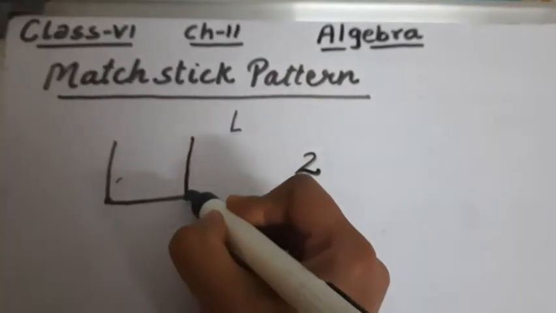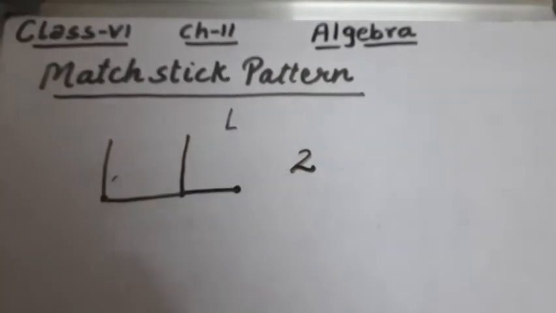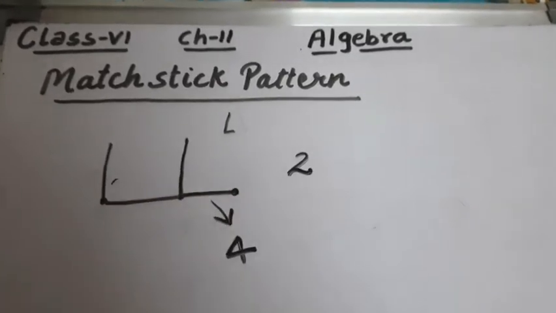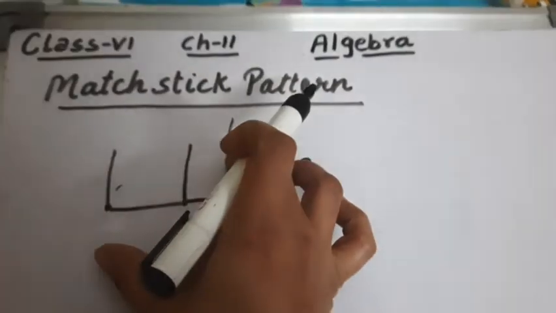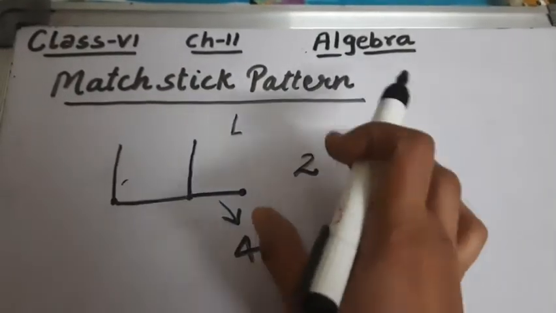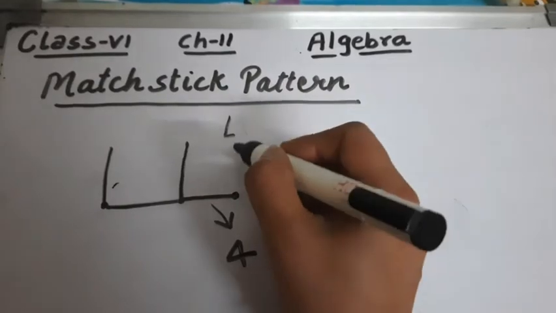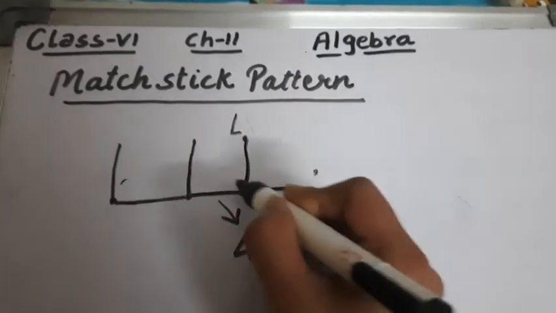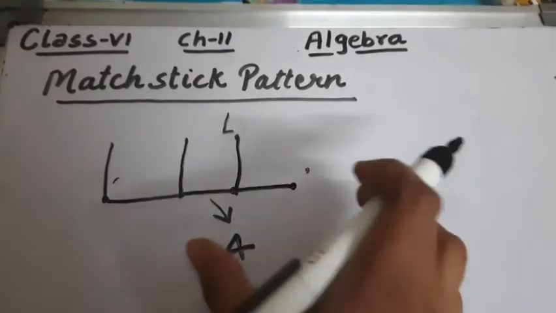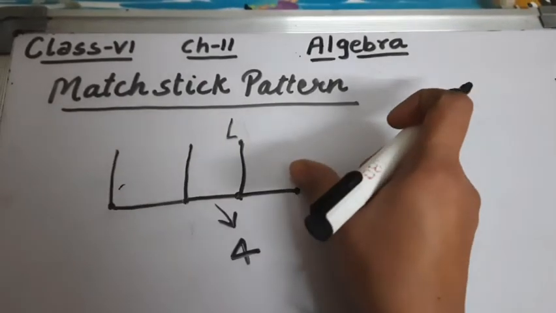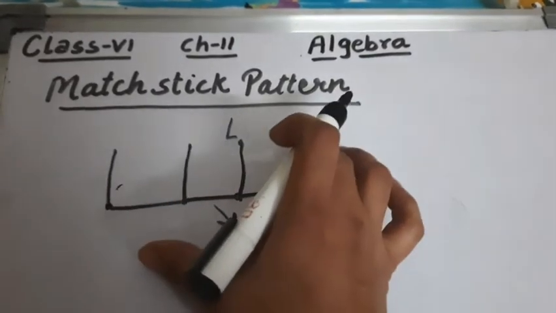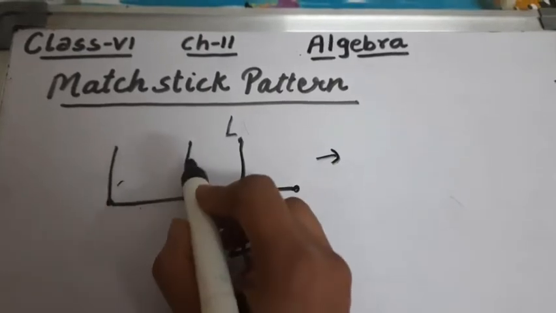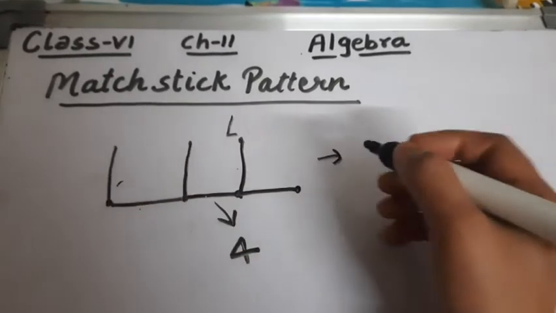If I make one more L like this, then how many matchsticks are required? Now four matchsticks are required. Okay, if I make two L's, then four matchsticks are required. If I make three L's like this, the total number of matchsticks required is 1, 2, 3, 4, 5 and 6.